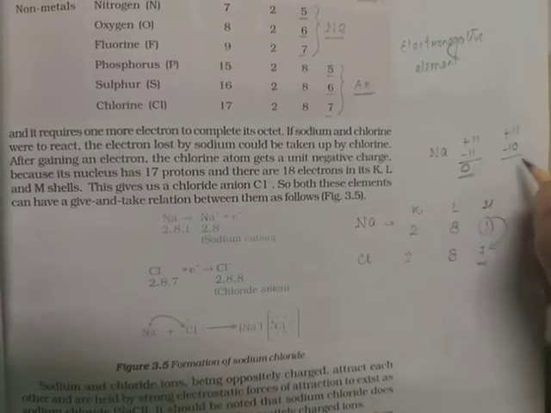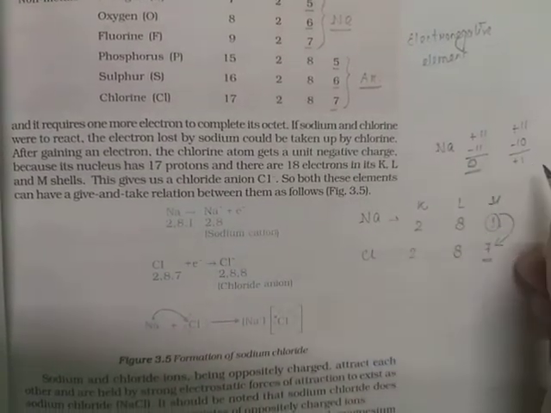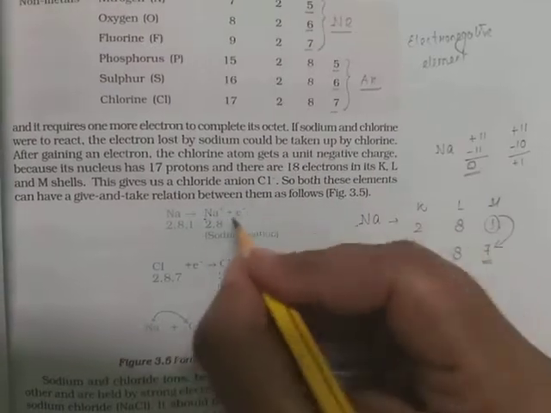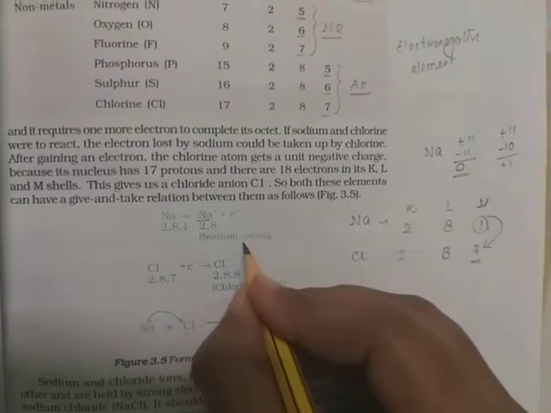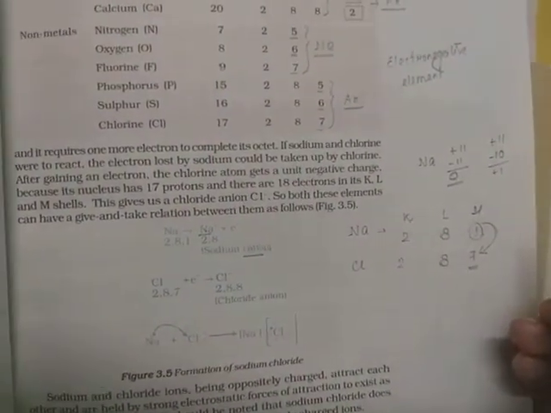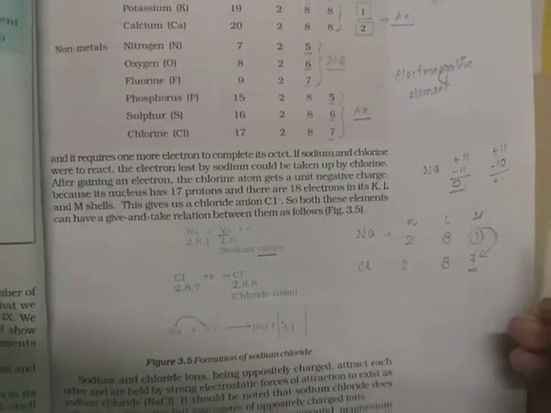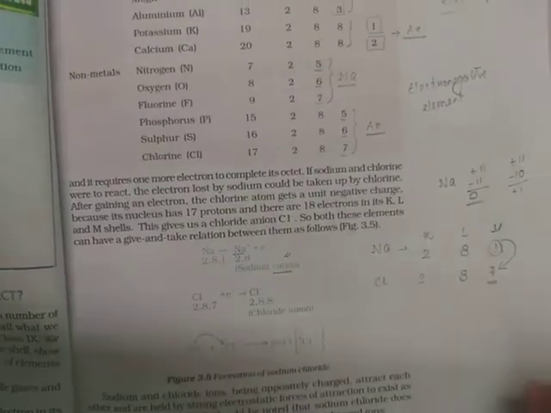So it gets a positive charge of plus 1. Then sodium no more remains as sodium, rather sodium changes to sodium ion or sodium cation. The species which is obtained by losing electron or having positive charge is called cation. So here sodium will be called the cation.